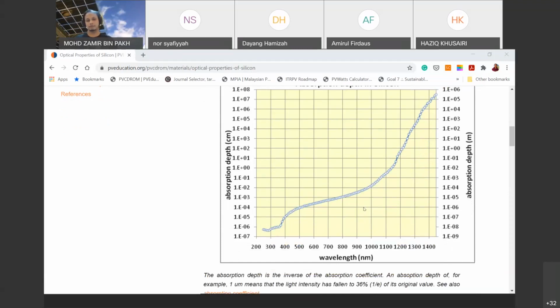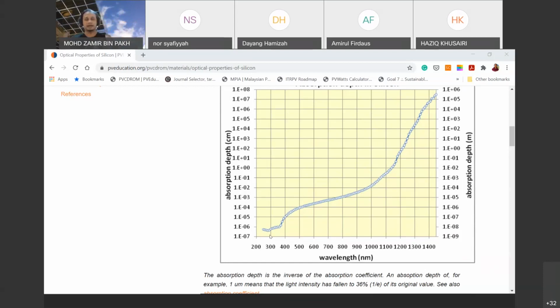Okay, so you remember when we talk about UV upper band gap absorption, if E_ph is more than E_g, right? So katalah we're talking about photon energy more than or equal to 1.12 for crystalline silicon.